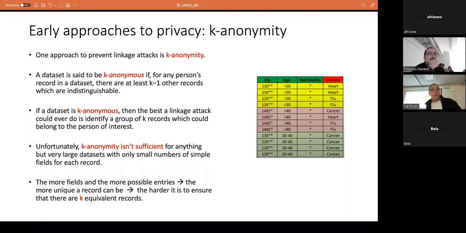Unfortunately, it's not the best, because you can employ it only when you don't have a lot of entries. The more columns the table has, the easier it is to identify the person. Or if you employ k-anonymity on a table with a lot of columns and a lot of entries, then you will lose all the information, because you will delete the information necessary for your task.